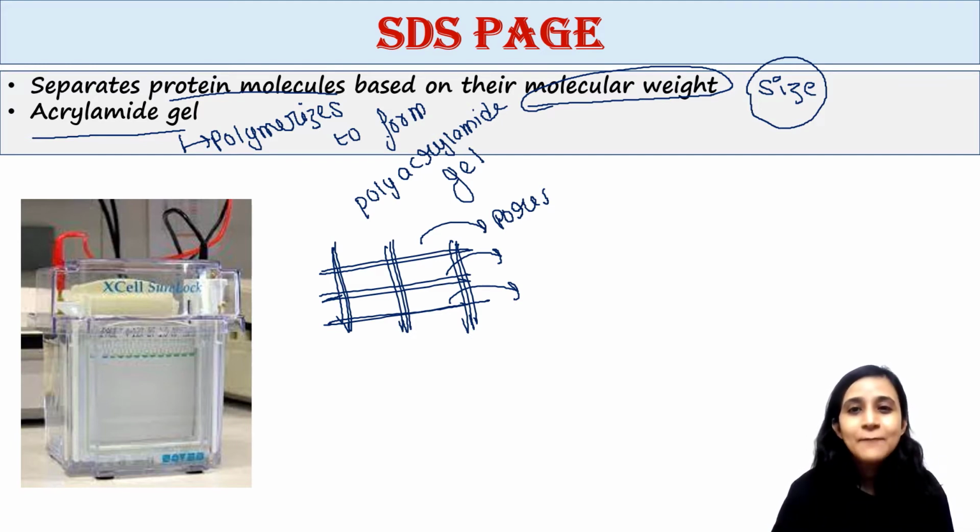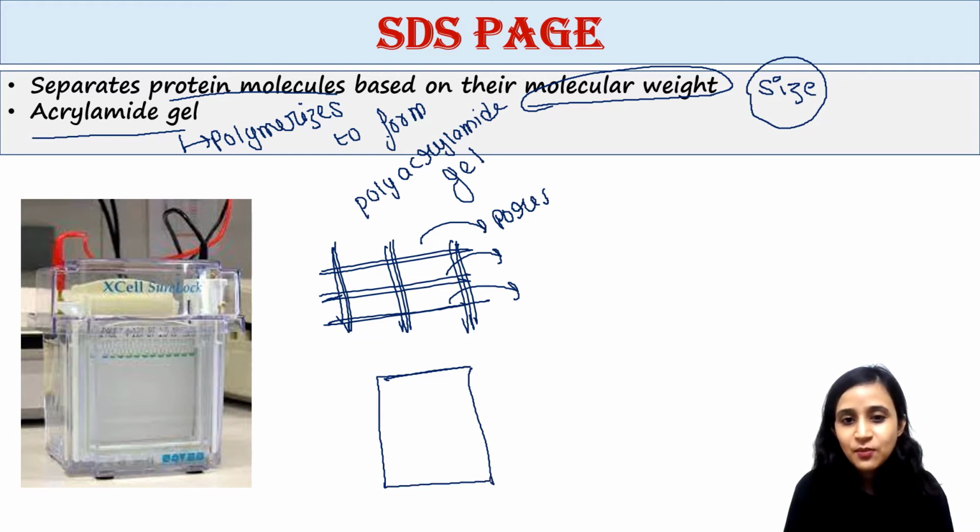Protein samples are first loaded into wells. If this is the polyacrylamide gel, and here we have some wells, we put protein molecules over these wells. If you see this picture, this is an instrument we all have in our laboratory.